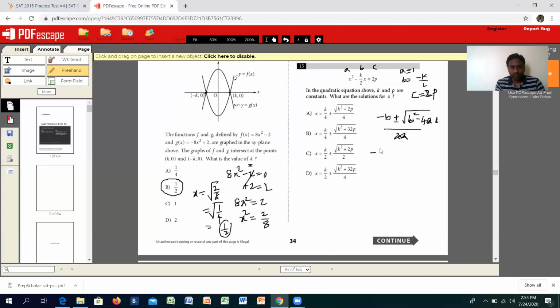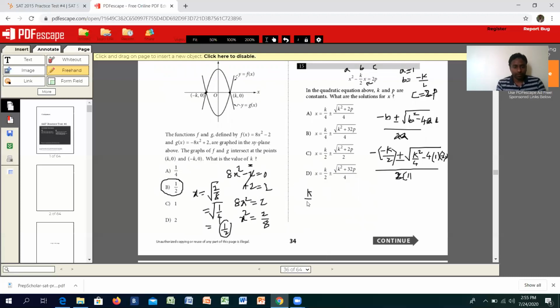So minus b, you write it down, since it's already negative, minus k by 2, plus or minus under root of b squared, that is nothing but k squared by 4, minus 4a, a is 1, and c, remember it is negative. Why is it negative? Although it is given as positive over here, if we shift it and make the proper form, it will turn out to be negative. Divided by 2 times a, which is 2.